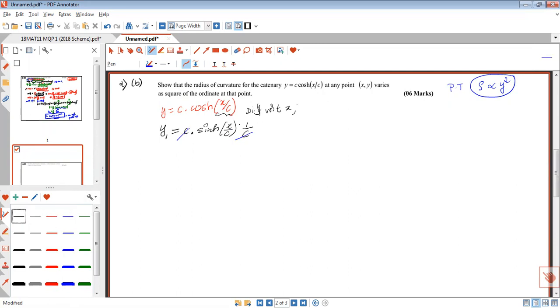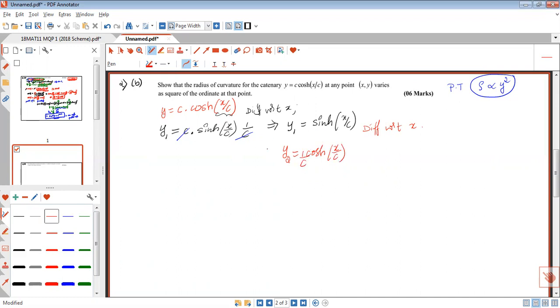So the y1 value is sin hyperbolic x by c. Next, again differentiate with respect to x. We get y2 equals, the differentiation of y1, sin hyperbolic differentiates to cos hyperbolic x by c, into the differentiation of x by c, which is 1 divided by c.